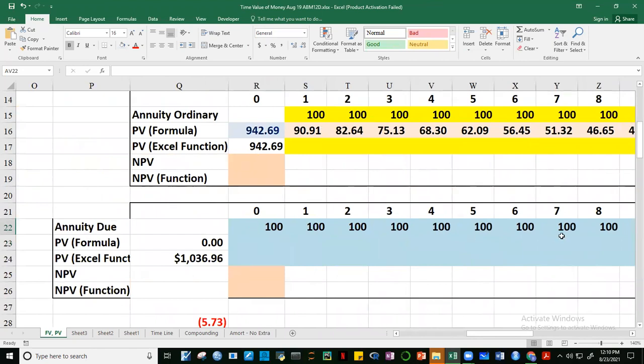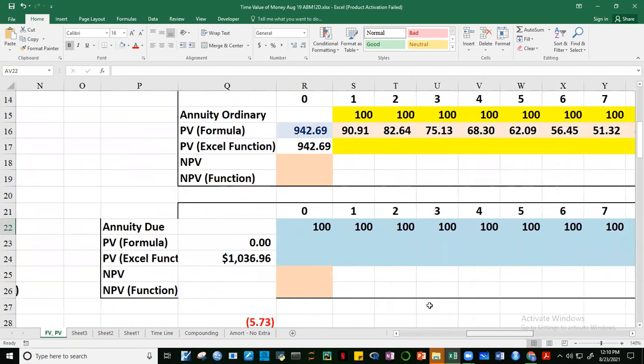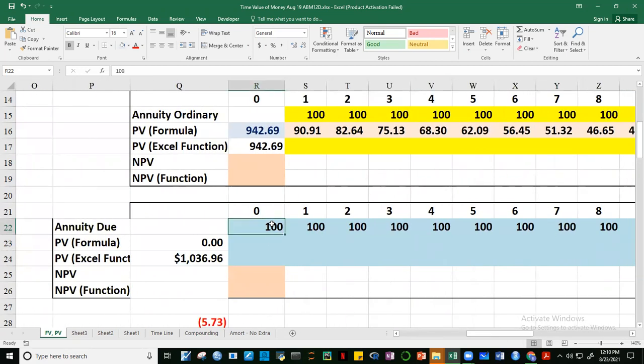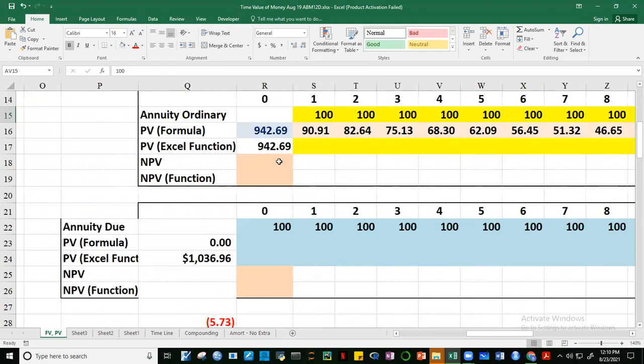Wala lang tayo sa dulo sa year 30 kasi nagsimula tayo sa year 0. Pareho lang yan, parehong tigo 100 sila. Yung nga lang ito, nagsisimula kaagad yung cash flow immediately. Tapos sa dulo wala. Ito naman hanggang year 30. Yung annuity ordinary pero wala siya sa simula.